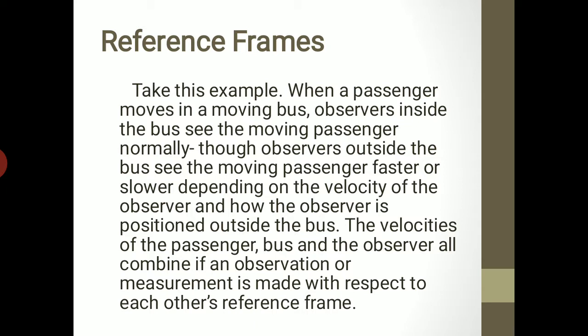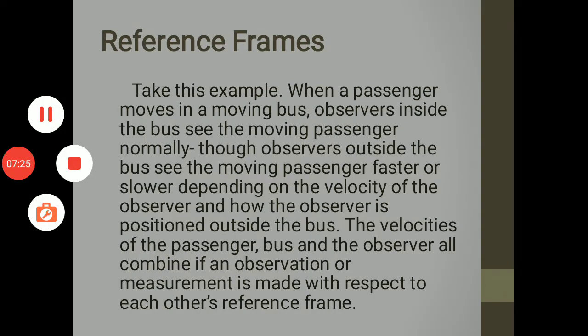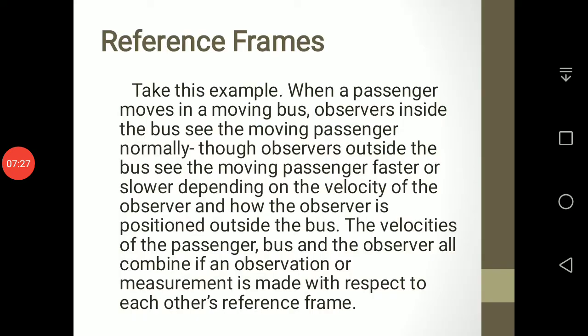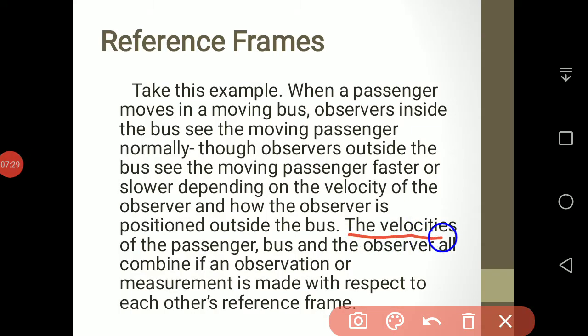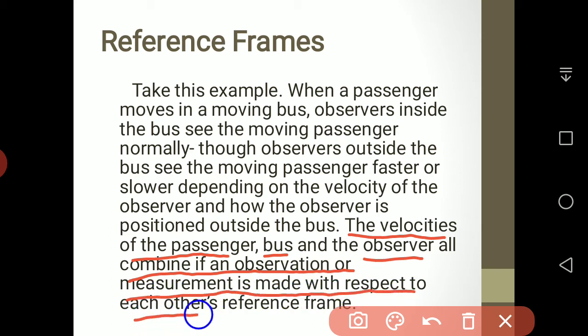So mangyari, the velocities of the passenger, bus, and observer all combine if an observation or measurement is made with respect to each other's reference frame. So, ganyan. Magaan yan.